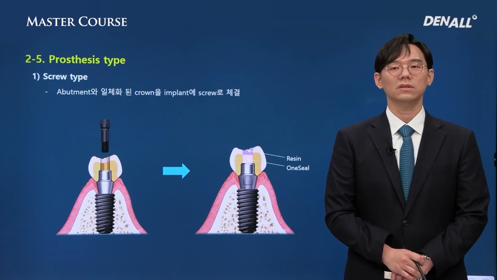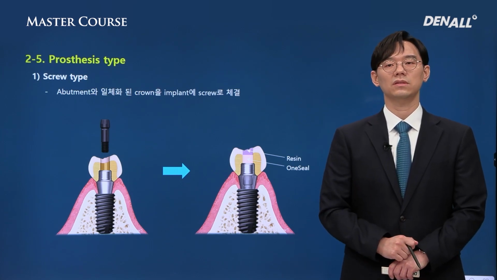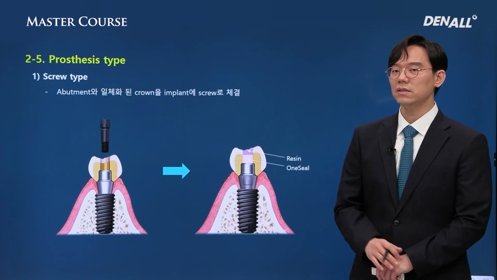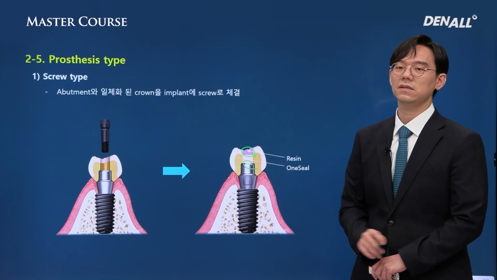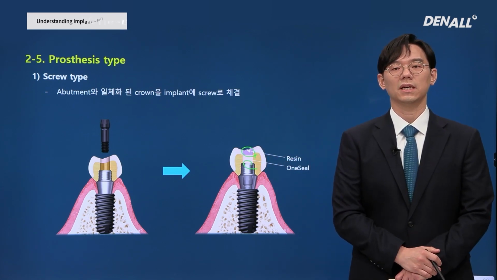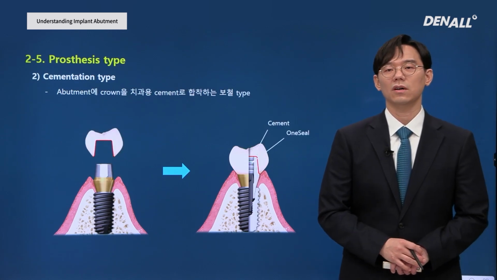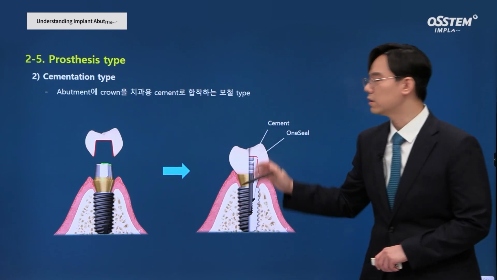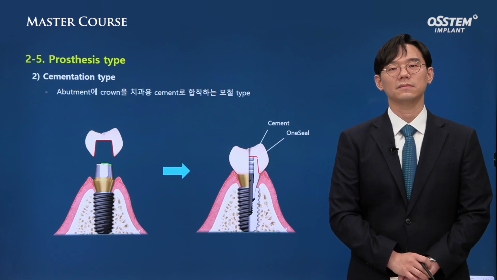Screw-type prosthesis has a one-piece abutment and crown. One-piece abutment is connected using a screw, and after connection, one seal is placed and resin filling is done. In the case of cemented type prosthesis, on top of abutment, one seal is placed to fill it up, and on top, the prosthesis is cemented.